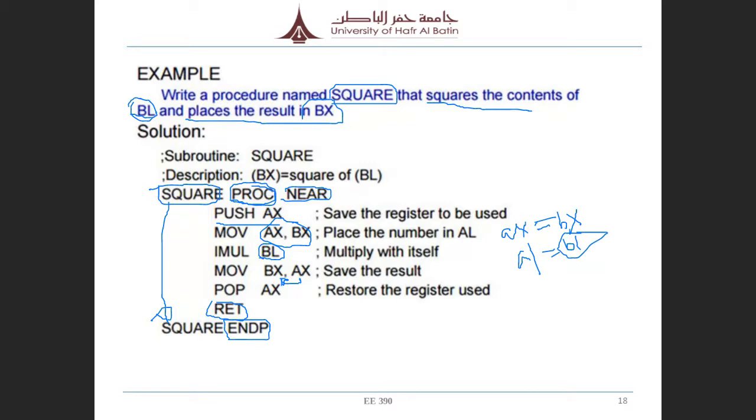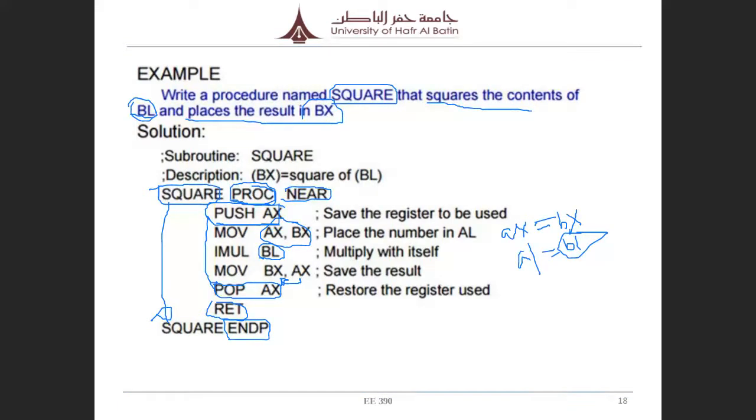And then push, because we have to use AX here again. So the previous AX value we have to save by using push, and then we return it back using pop. So push and pop restore back the AX value.